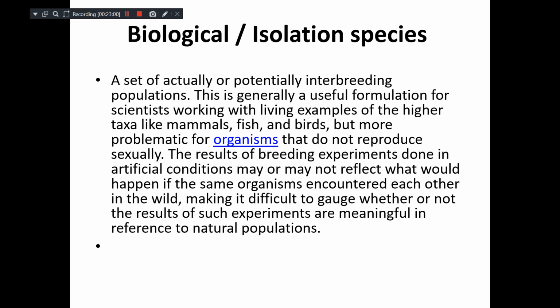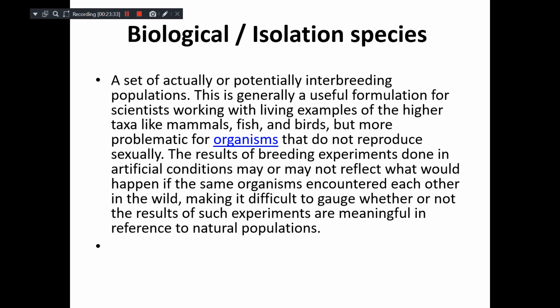But the problem here is that this definition perfectly fits the higher taxa, like mammals, fishes, birds. But what about the organisms which reproduce asexually, or whatever artificial breeding that we are undertaking nowadays? This holds good only for a natural population. But what about the artificial population?